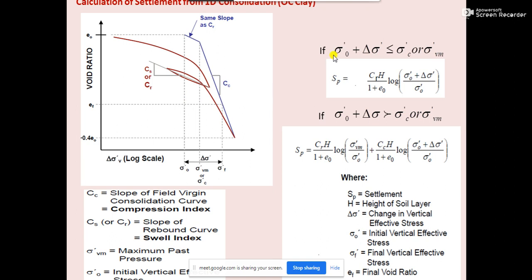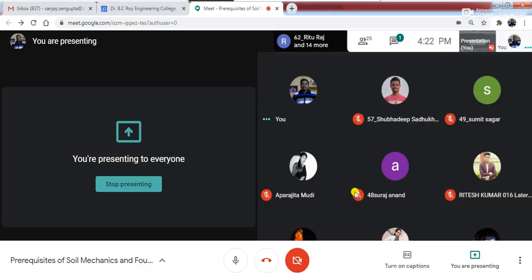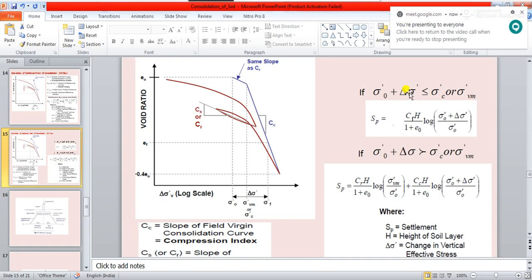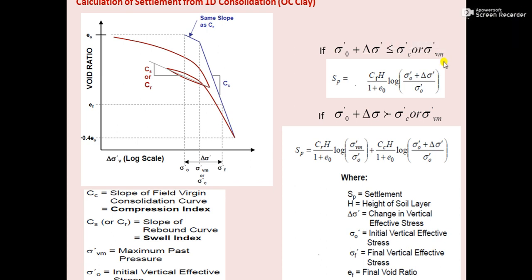So if the present effective overburden pressure after the addition of the incremental stress in the soil is less than the past maximum pressure which the soil has experienced, then instead of compression index, you should use the value of rebound index in the calculation of the settlement formula.